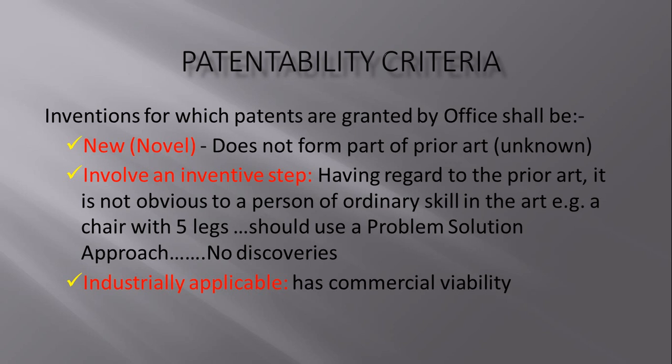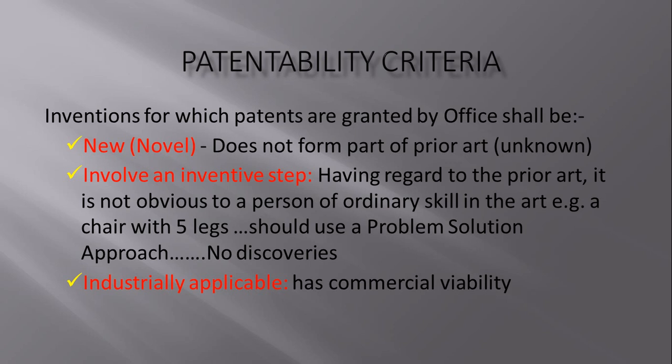So your creation doesn't have to exist in prior art. It doesn't have to have a record of it having been made somewhere. So for patent protection, novelty is absolute. Though sometimes it differs country to country, but the standard is novelty should be absolute.